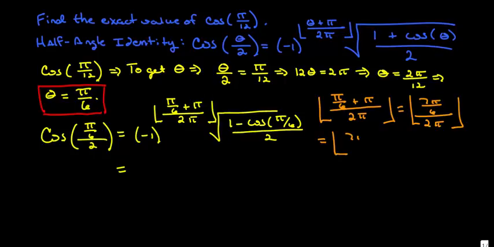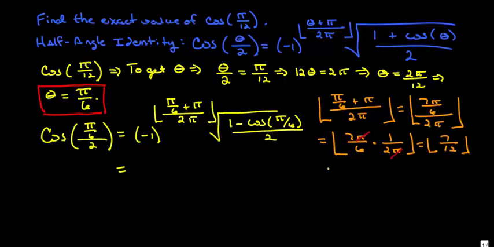So this is 7 pi over 6 times 1 over 2 pi, because we're dividing by 2 pi over 1, so we flip it to get multiplication. The pi's are going to cancel out, and I'm going to end up with 7 over 12.